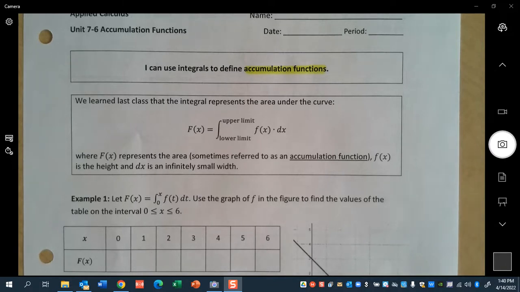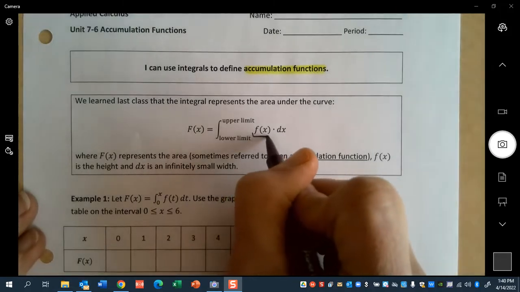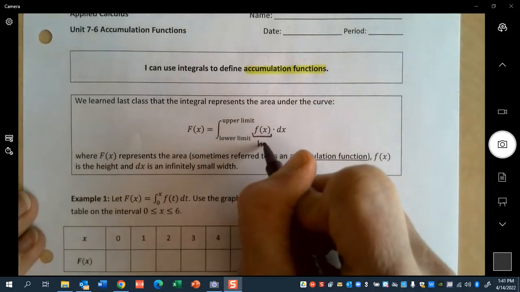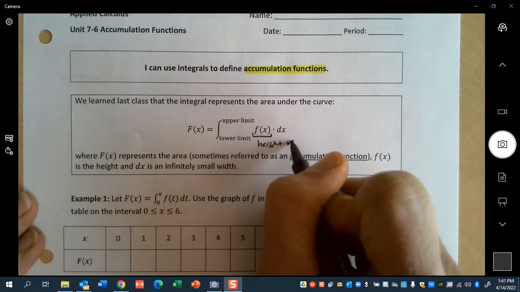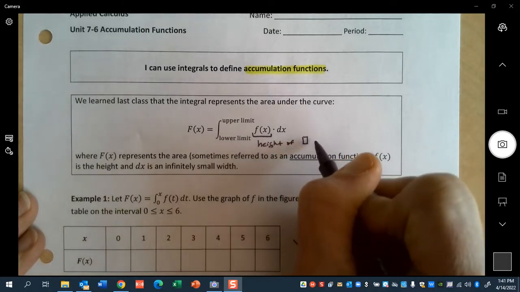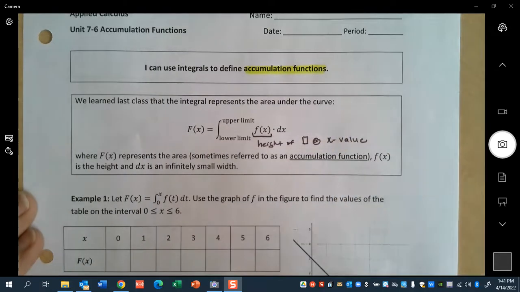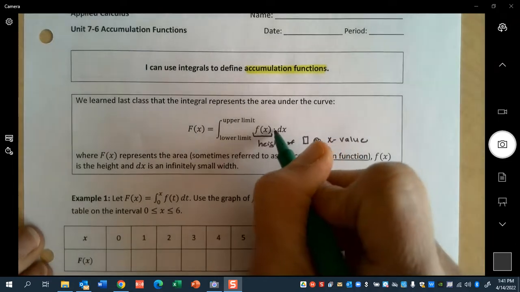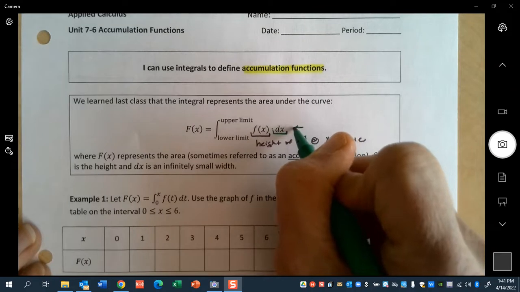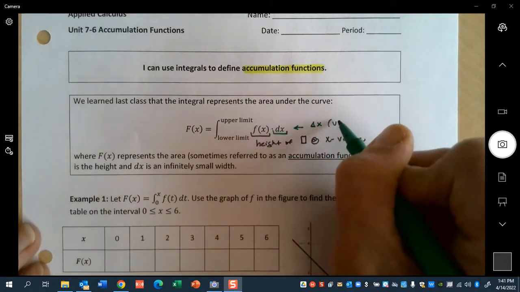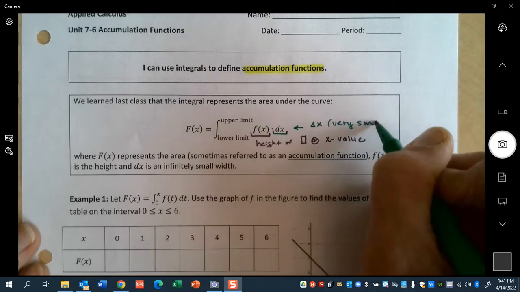All right, so last class we talked about the integral representing the area under the curve. So just to kind of put us all on the same page, this f of x was our height of the rectangle at that specific x value. So whatever rectangle we're drawing, that's going to be its height at that specific value. This dx is going to represent the change in x that's very, very small.